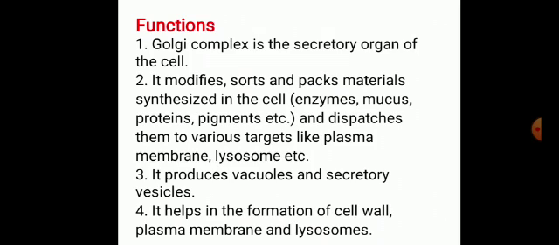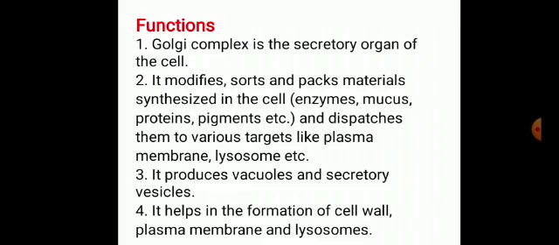So, the various functions of Golgi complex are given here. Golgi complex acts as a secretory organ of the cell. Formation of cell wall, plasma membrane, lysosome is aided by Golgi complex.